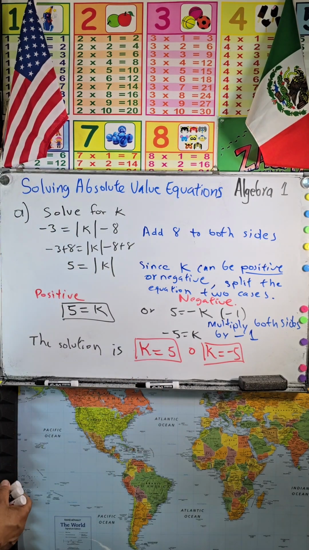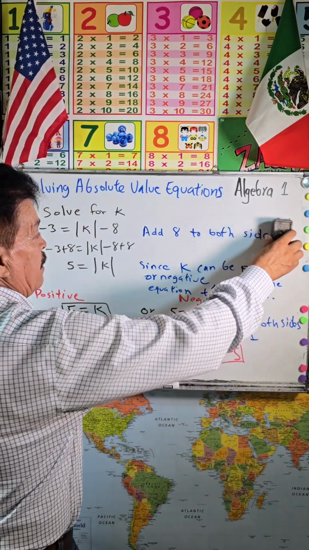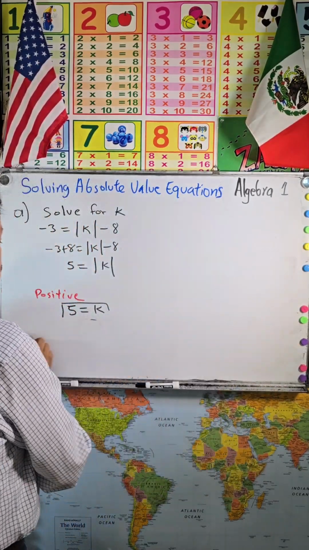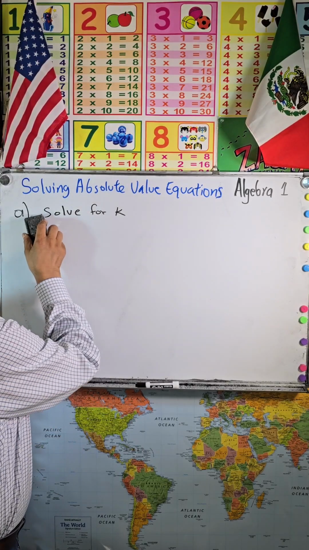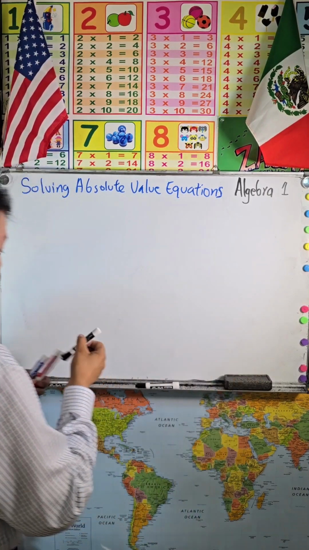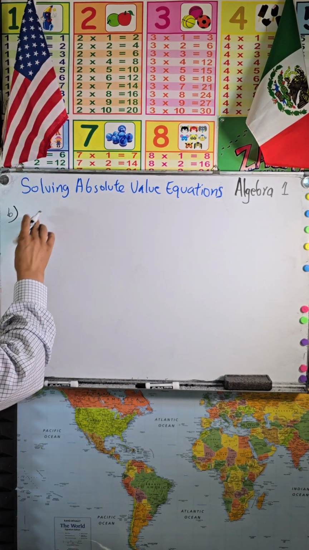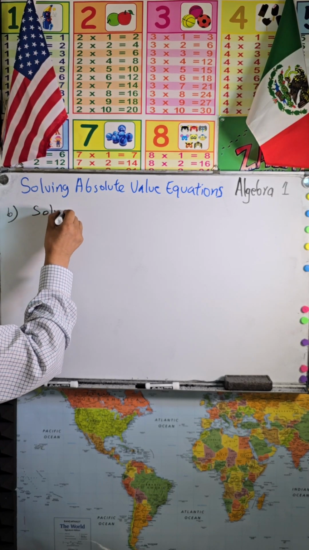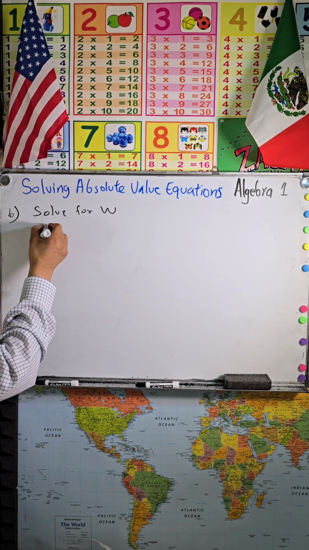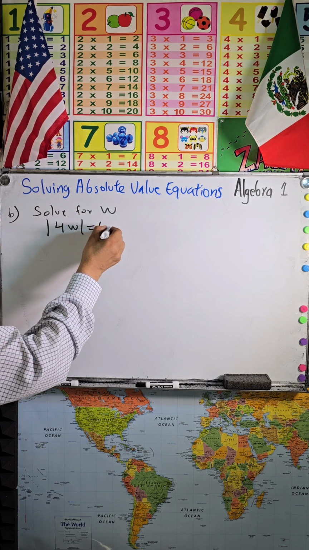Okay, so that's it. This is very simple. Let me show you another case. It's very easy when you work with absolute value. So let's write one more problem here: solve for W, absolute value of 4W equals 0.